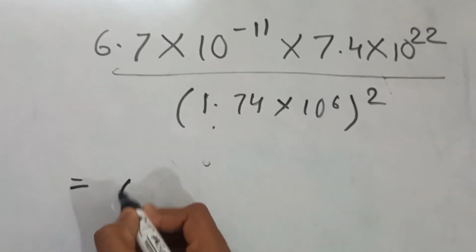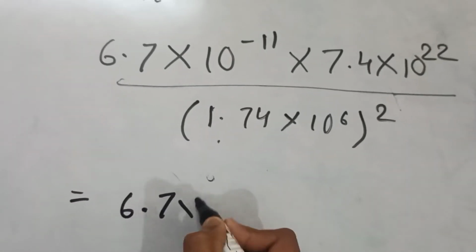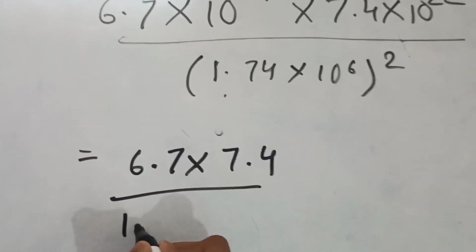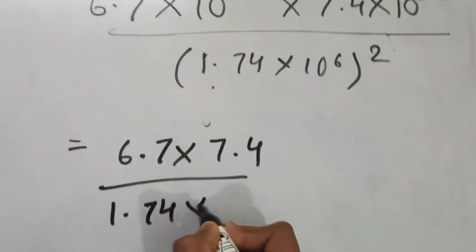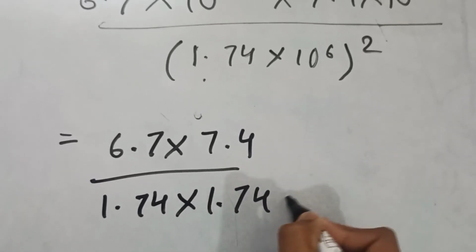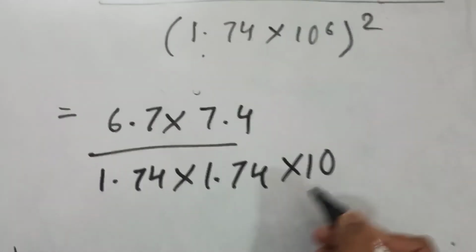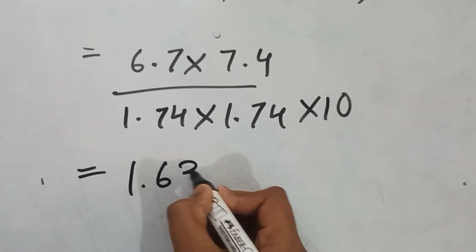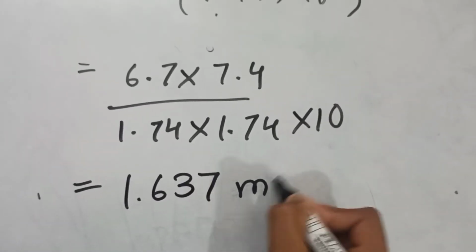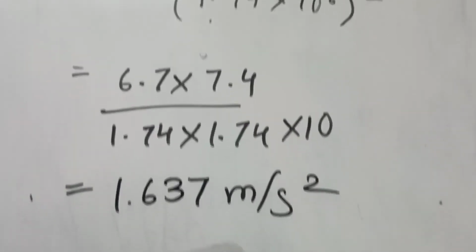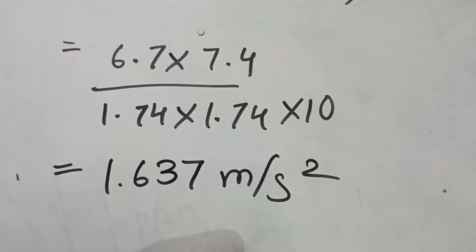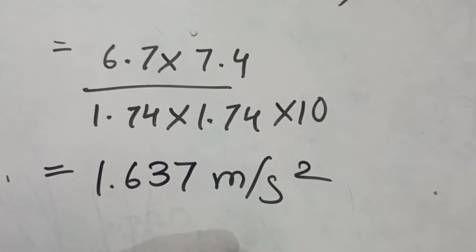Now this is equal to 6.7 into 7.4 divided by 1.74 into 1.74 into 10, which is equal to 1.637 meter per second square. So this will be the acceleration on the surface of that satellite, 1.637 meter per second square.